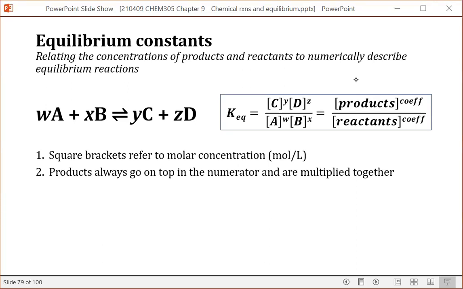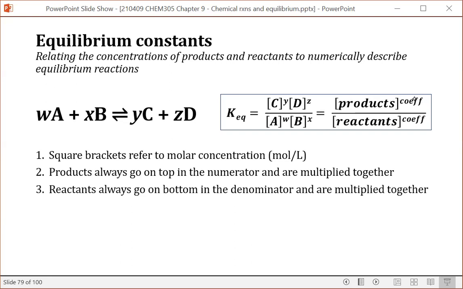So the products are always going to go on top of the ratio in the numerator, and it's the concentration of each product raised to the power of its coefficient from the balanced chemical equation, and then you multiply that for all the products together on the top of this equation. The reactants are always going to go on the bottom in the denominator, and it's the molar concentration of each reactant, the molarity, raised to its coefficient from the balanced chemical equation, and each reactant is multiplied together on the bottom.